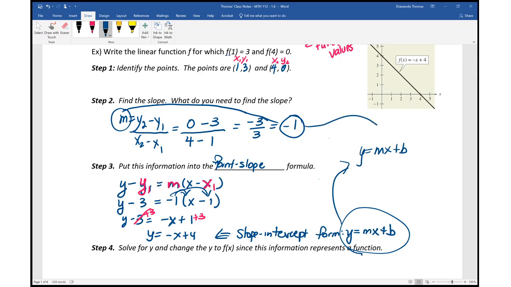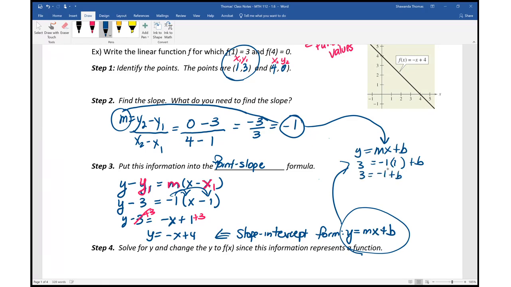We could have plugged in that negative 1 here, right? for m. For x, we could have chosen one of these points, like 1. And for y, we could have chosen 3. So that's 3 equals negative 1 plus b.